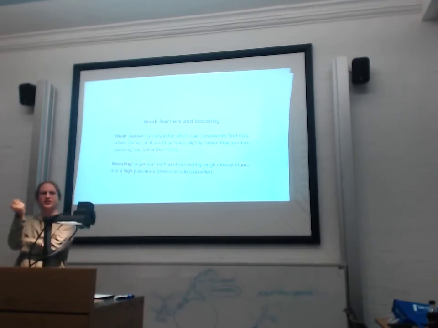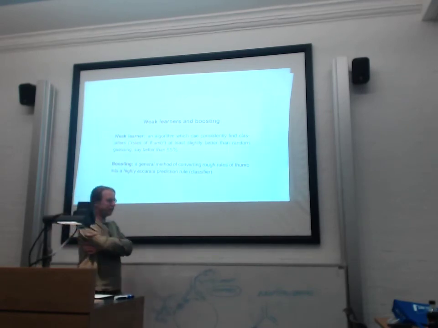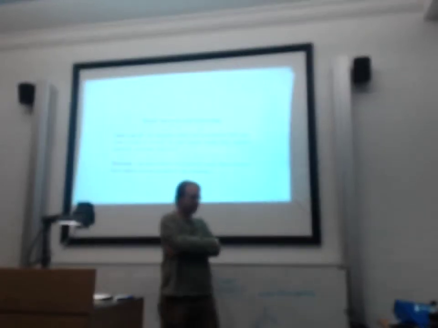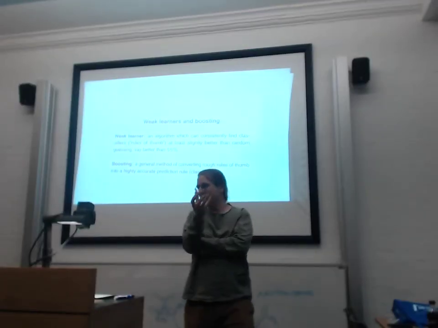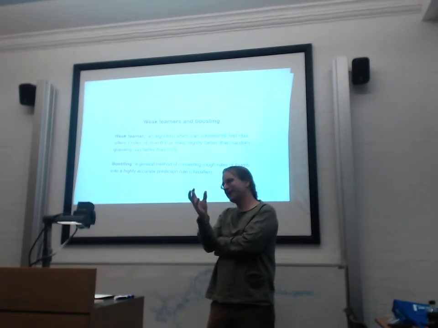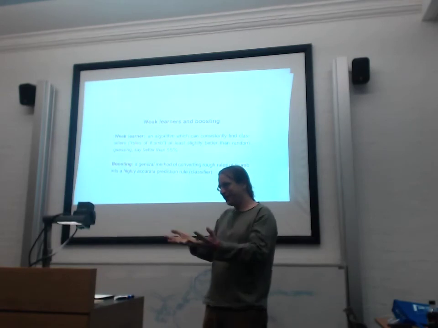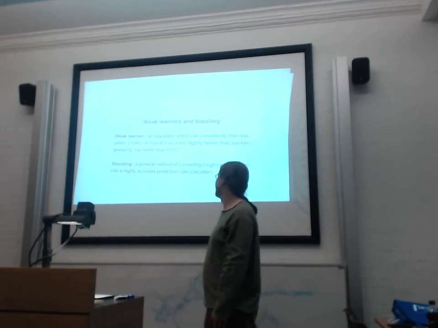And the way that works into boosting, here your weak learner is your class which isn't so complex, but you're making it more complicated by taking a linear combination of the learners, so that's kind of building a more complicated class.